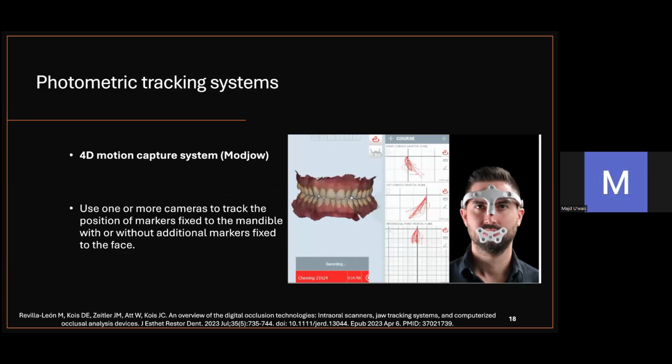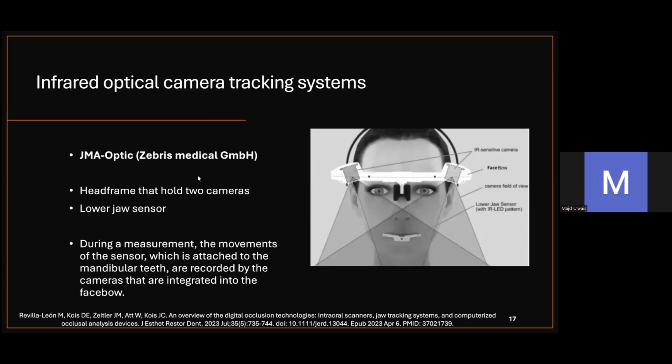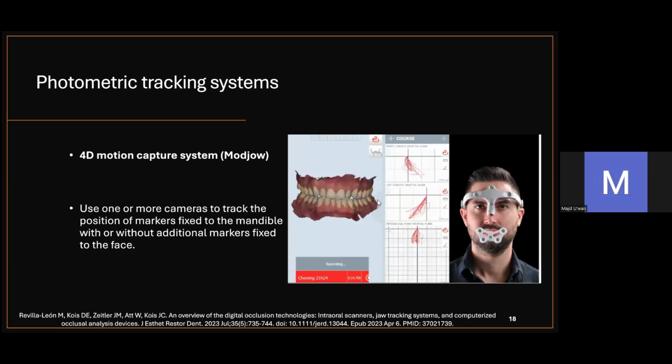Photometric tracking system. This figure represents the 4D motion capture system. It's almost the same concept as the GMA optic system, but instead of using mandibular sensors or biting forks, this device uses markers that can be detected by a camera that are mounted on the head frame.